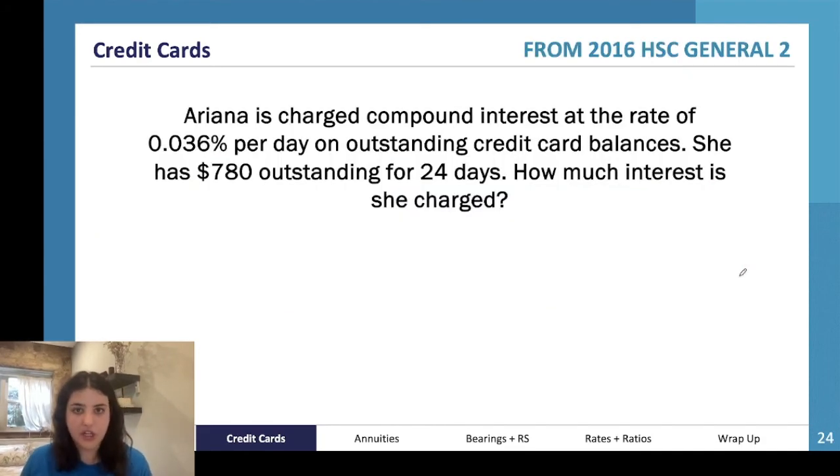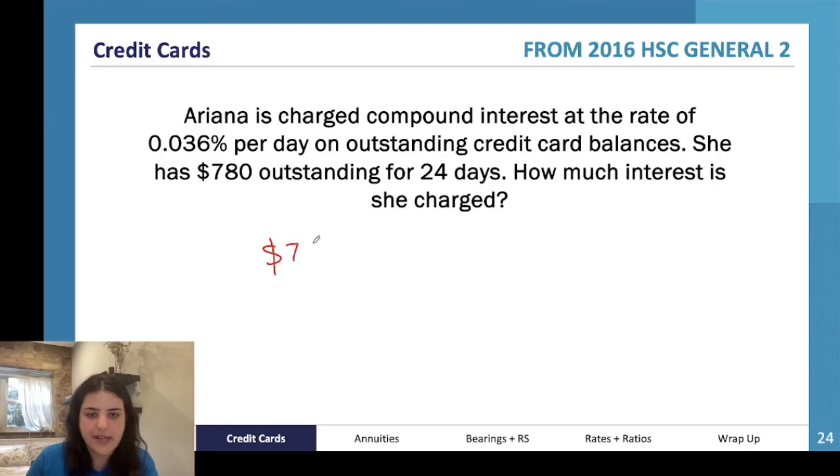Ariana is charged compounding interest at the rate of 0.036% every day or per day on outstanding credit card balances. She has $780 outstanding for 24 days. How much interest is she charged? Okay, so she has $780. This is a compound interest formula, remember?